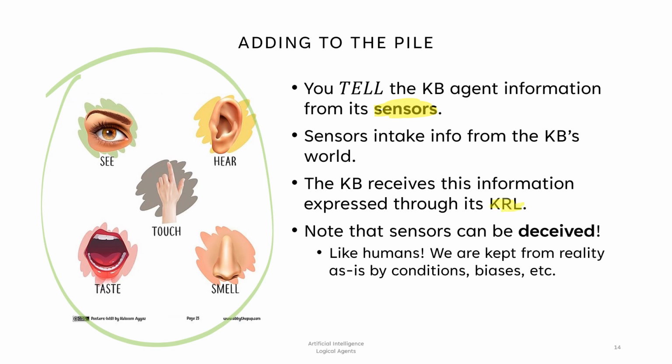So taking informal sensor data, translating it into a language that the KB agent can understand. And like I said earlier, these sensors can be deceived based off an incomplete understanding of what's happening. And we'll actually have an example for that later.